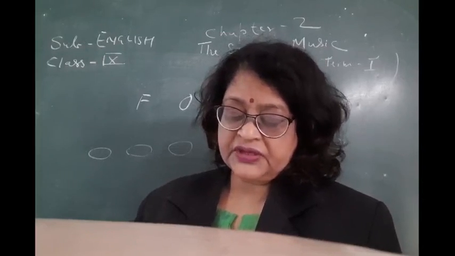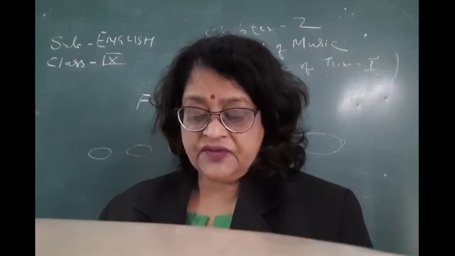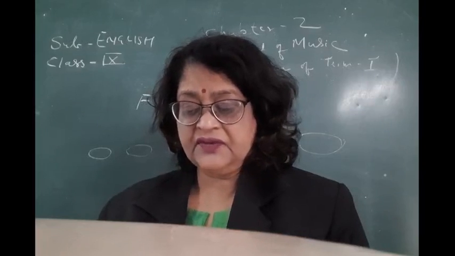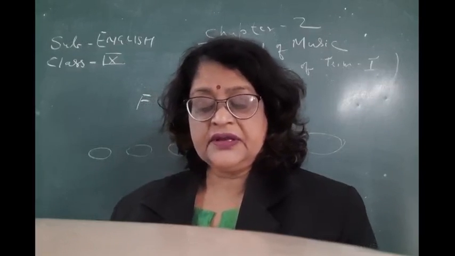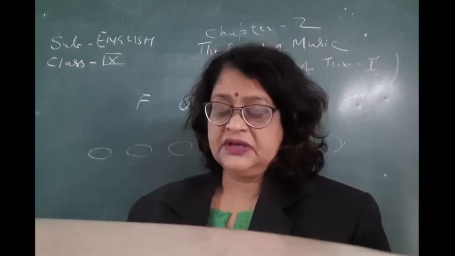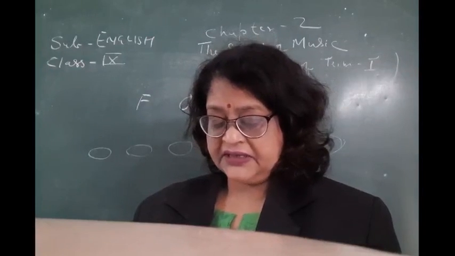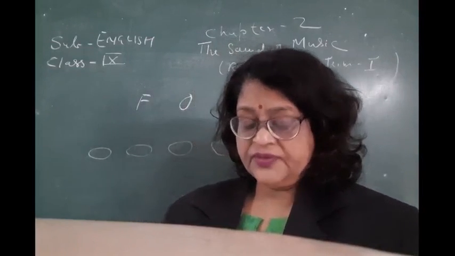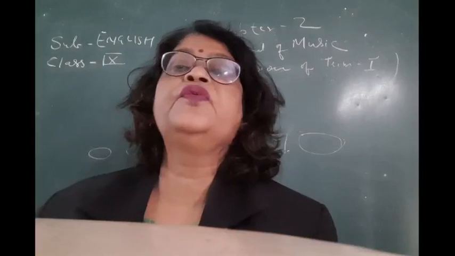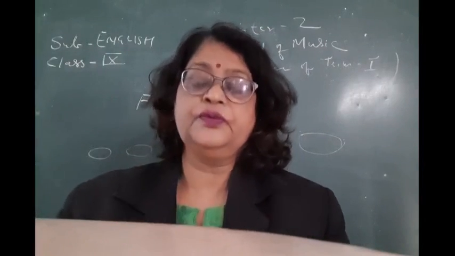Okay, so children, here you have to do very careful reading. So we can say here B is the correct answer. Fact is 1, 3, 4 and option is 2.